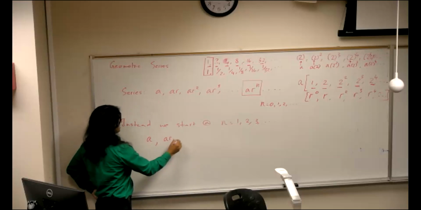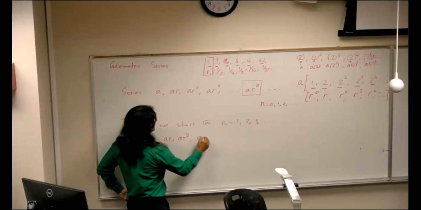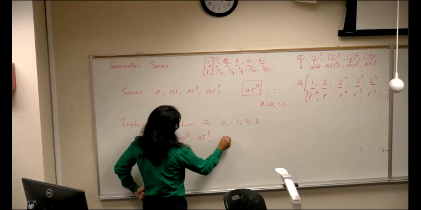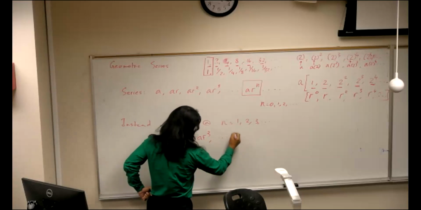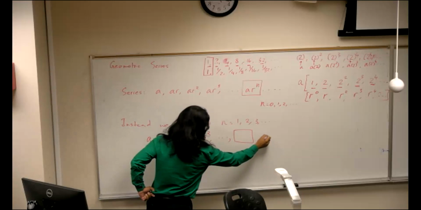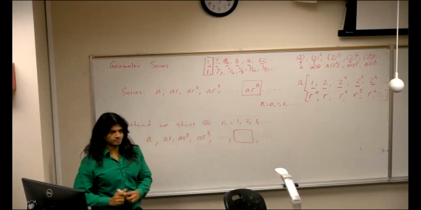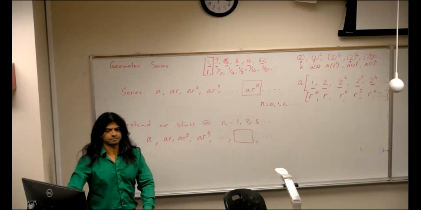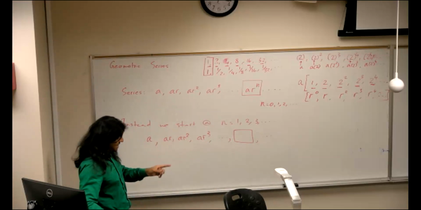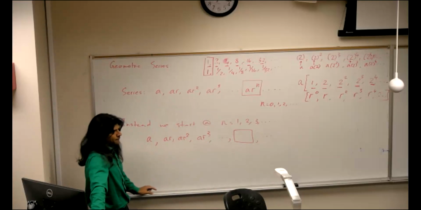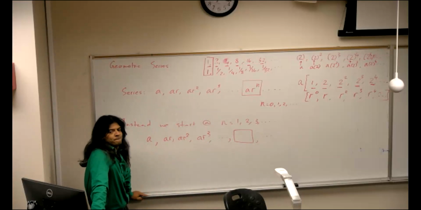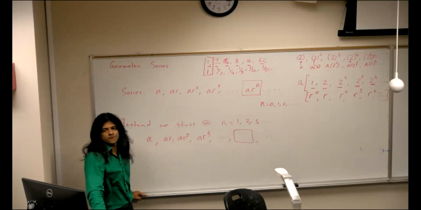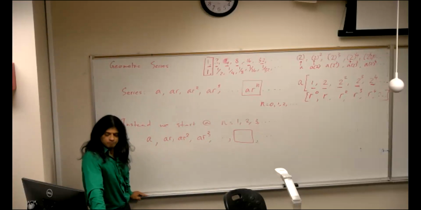So A, AR, AR squared, AR cubed, ... general term, I would like to know what goes in that box. If n has to start at 1, in this case it would be n minus 1. Very good.